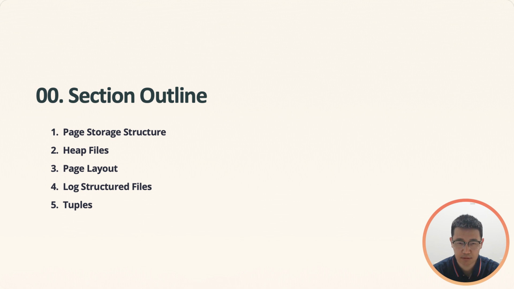Then we will talk about the log-structured file system, how it works in the whole disk storage. Finally, we'll talk about the internal tuple structure, as well as some pre-processing of the relational structure in the tuple. This is the main outline of today's session.